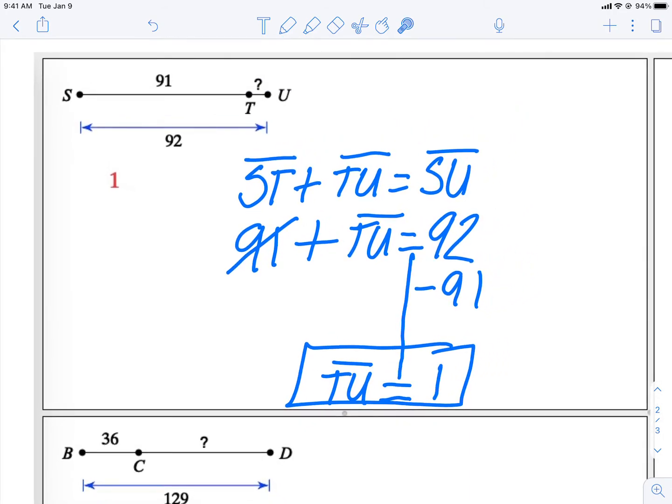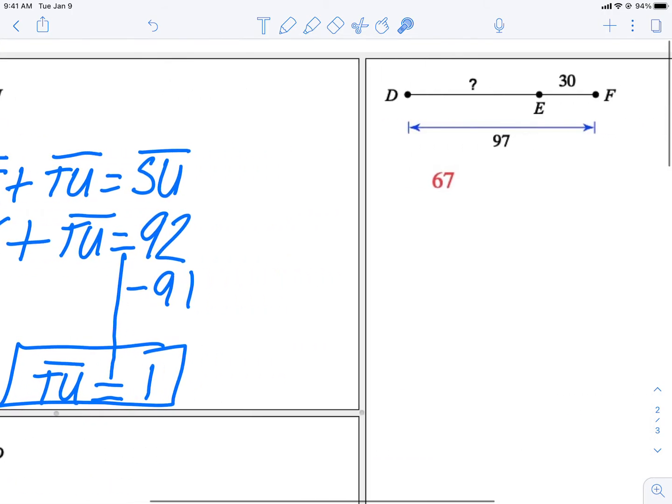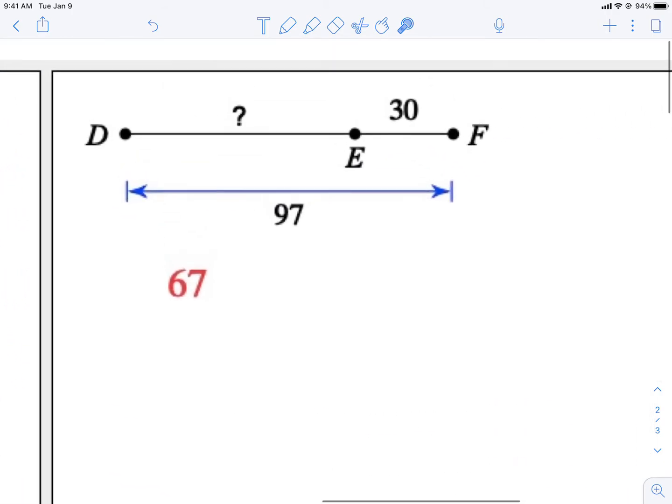Which is perfect. This 1 is the answer here. So we know that from T to U, the answer is 1. And it makes sense, because 91 plus 1 is equal to 92. There we go. All right, let's do our next example.